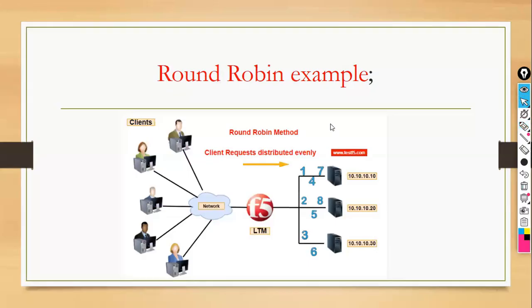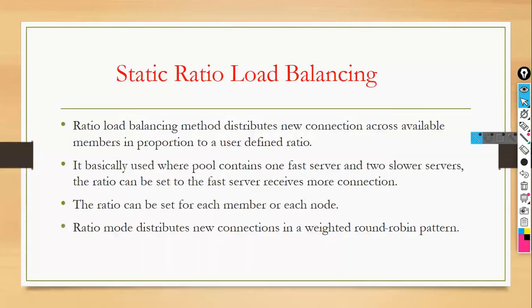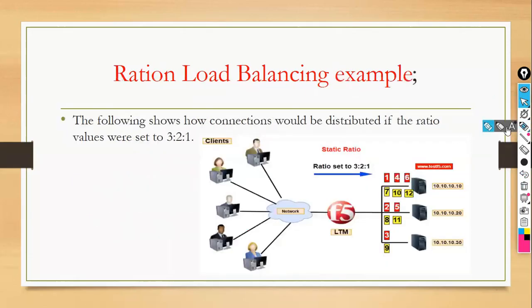Then we discussed static ratio load balancing. The ratio load balancing method, how we can define the ratio. Here we have the example: three requests on this server, two on this server, and one on this server, right?